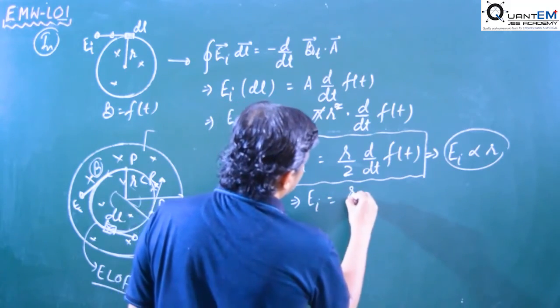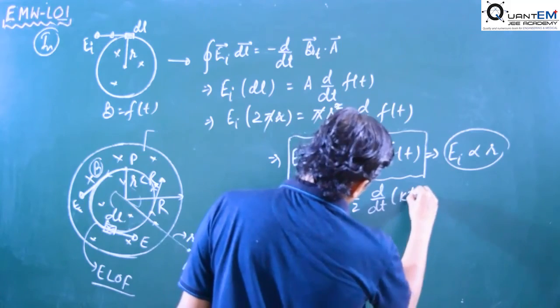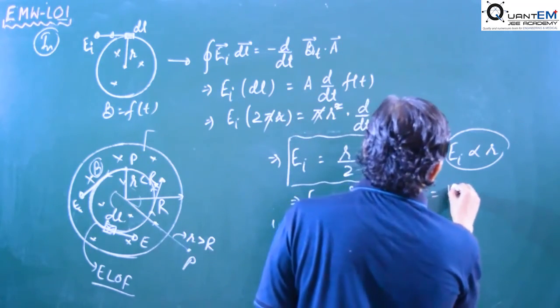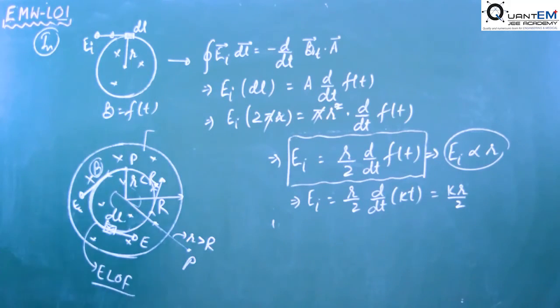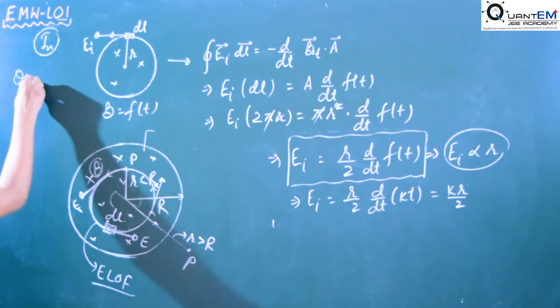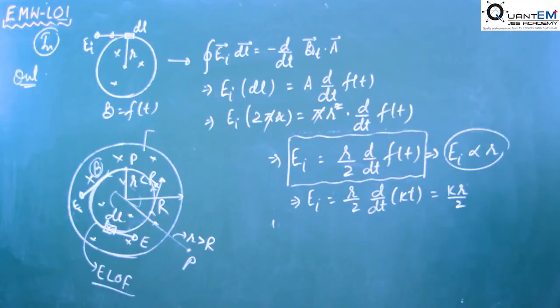E inside is equal to r by 2 d by dt kt. जो भी वैल्यू है पुट कर दिया, तो we get the result kr by 2. Okay, now we will move toward the outside. इनसाइड हमने कर लिया, अब हम आउटसाइड पे आते हैं.